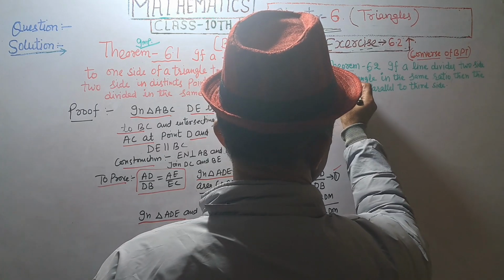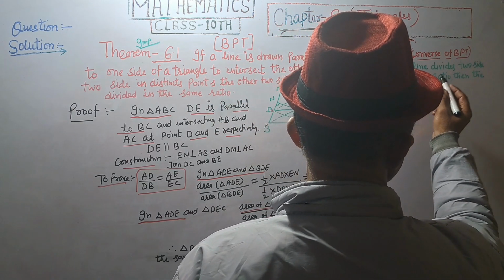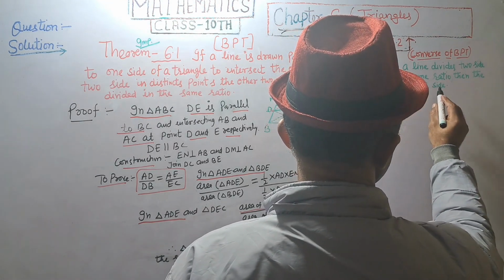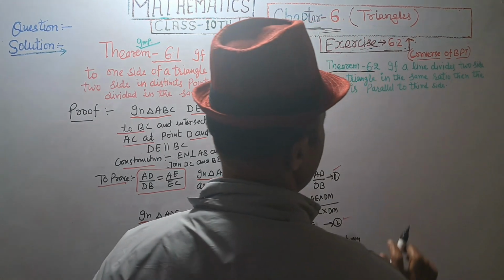And theorem number 6.2: if a line divides two sides of a triangle in the same ratio, then the line is parallel to the third side.